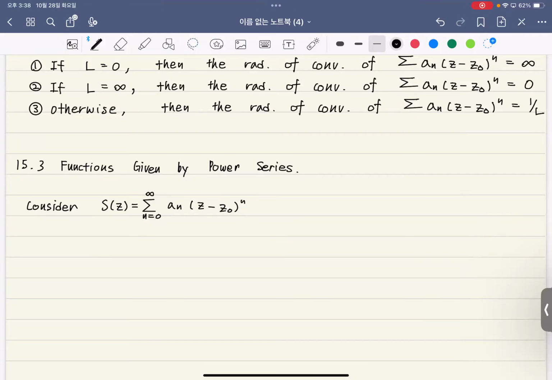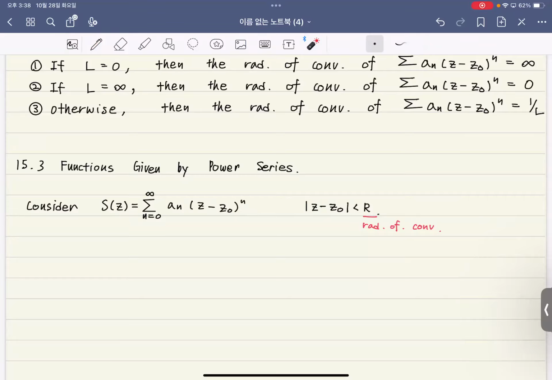This number exists if and only if z is in the radius of convergence. So this is clearly the radius of convergence. So this is a function of z.